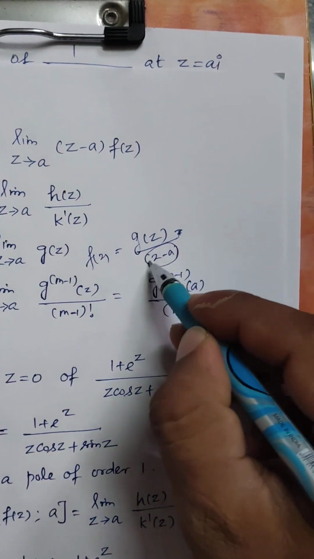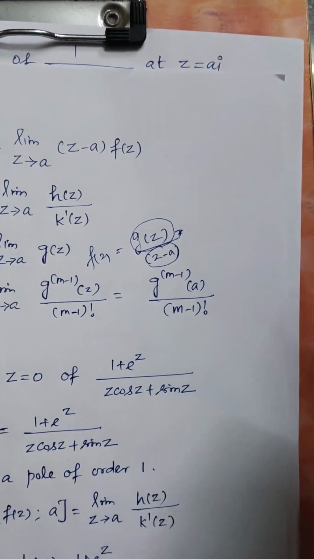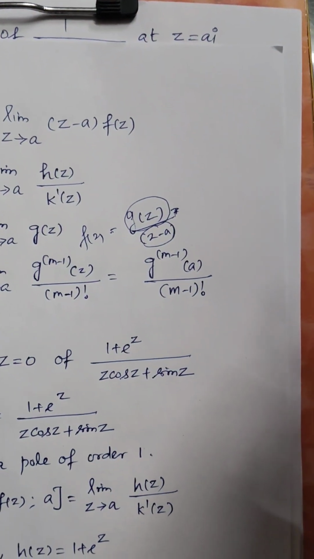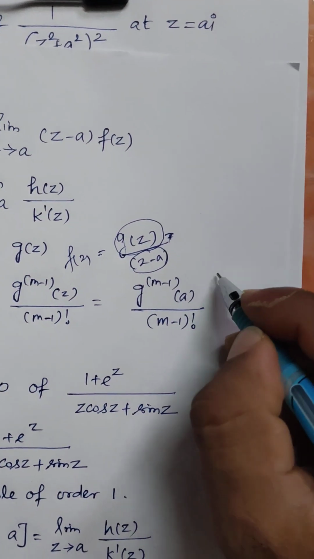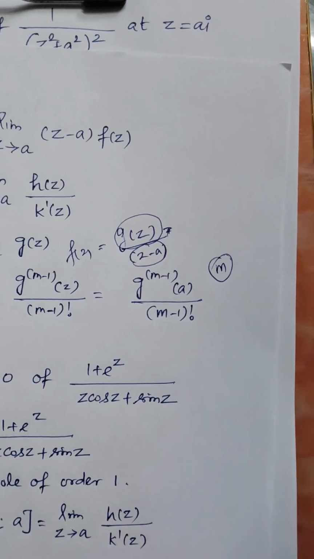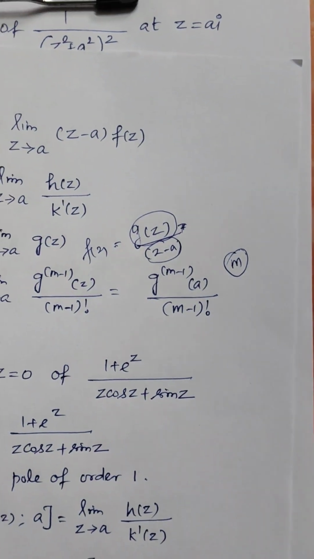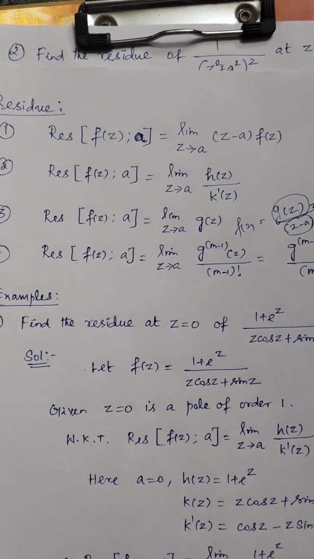Apart from the z minus a, the remaining part we call g of z. And the fourth one, if the pole is of order m, we have to use the fourth formula.